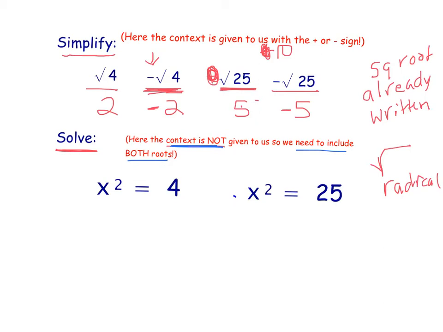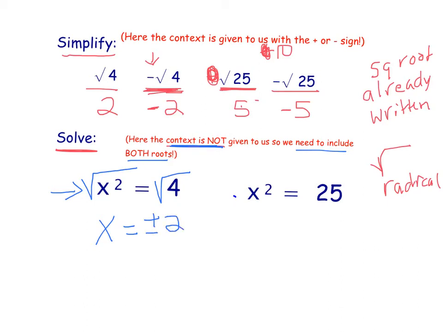So here, x squared equals 4. To solve this, the opposite of squaring is taking the square root. It undoes each other. So the square root of x squared is x. And the square root of 4, we don't know. I had to write that in, so I don't know if I'm talking about the positive or the negative, so I'm going to write both.